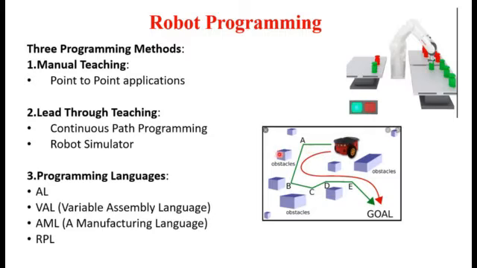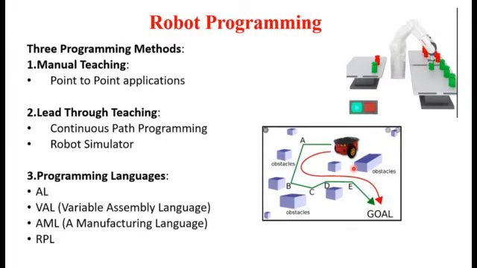It must sense the obstacles, generate its path, and go to its final goal position. In the case of a robot simulator, the robot automatically senses the various obstacles and automatically generates its path. That is nothing but the robot simulator language.